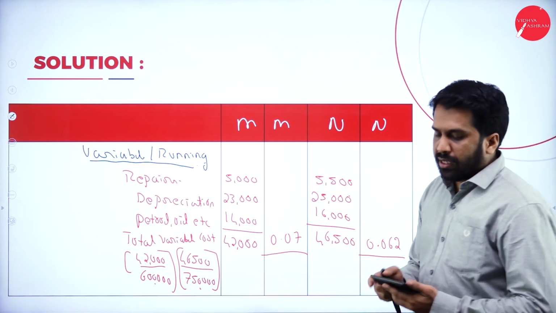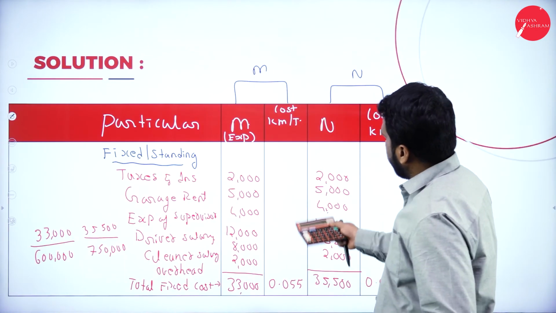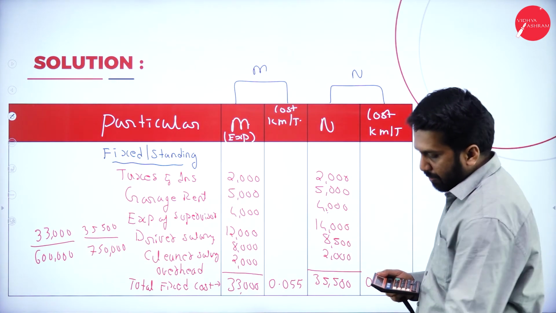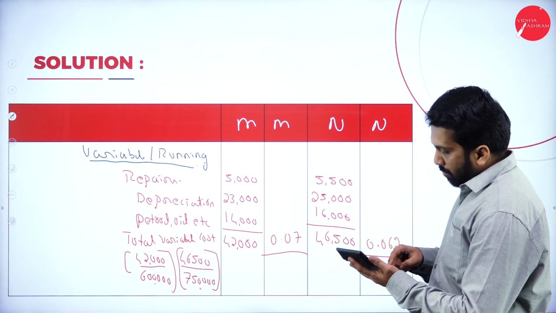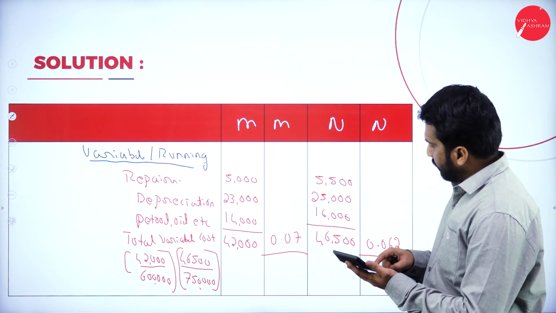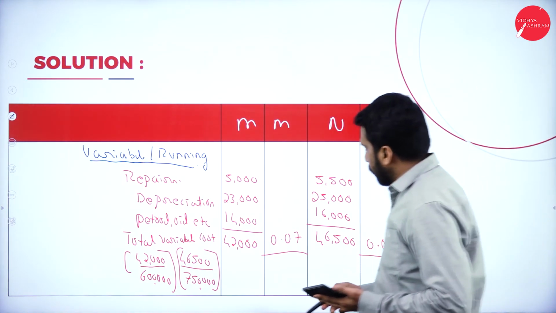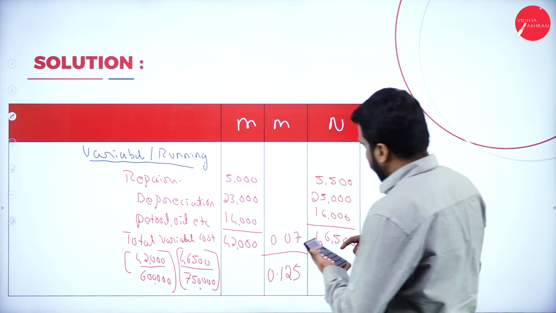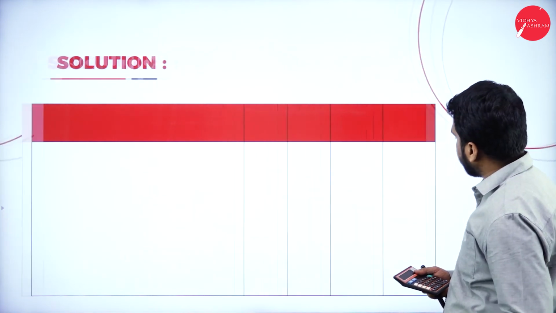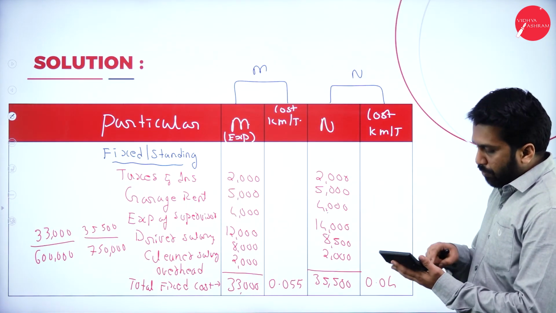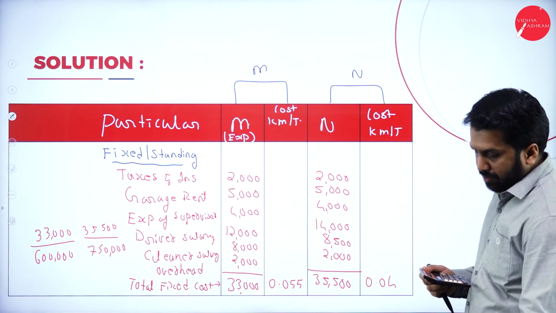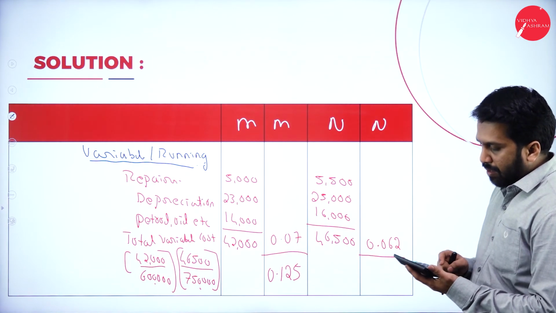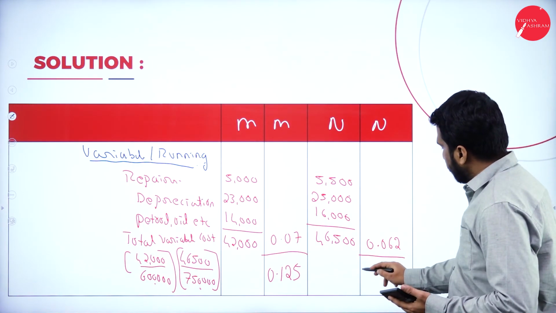Now we'll go for the total. What is the total? Your fixed is 0.055 plus 0.07, it is 0.125. Now, the next one, I have 0.04 plus 0.062, I get 0.102.